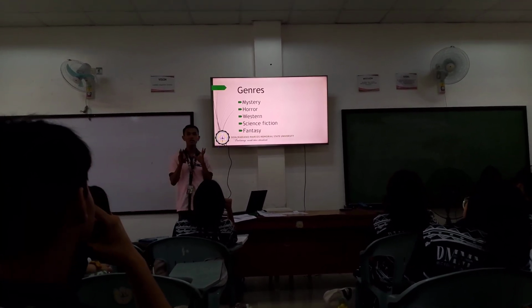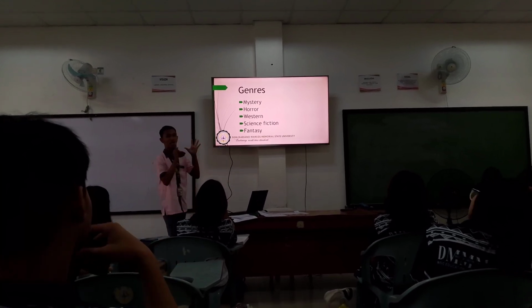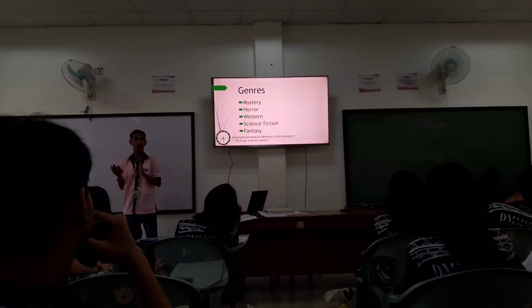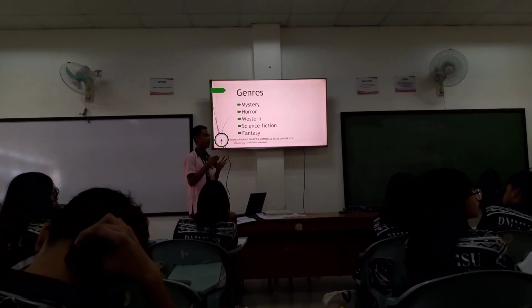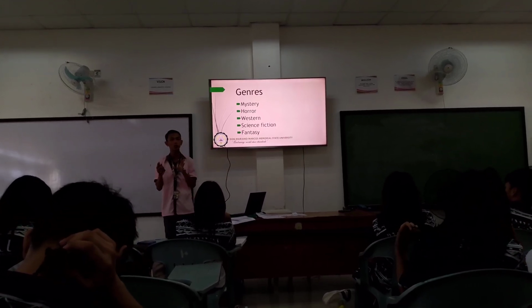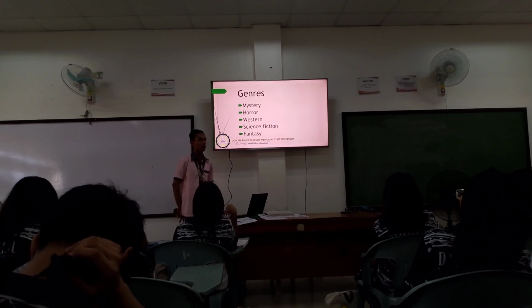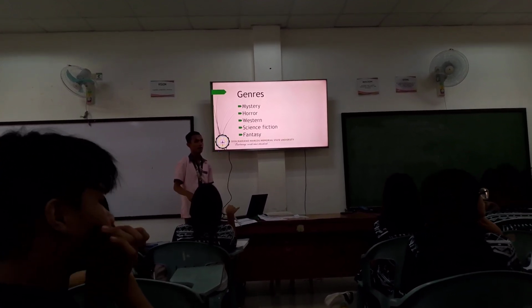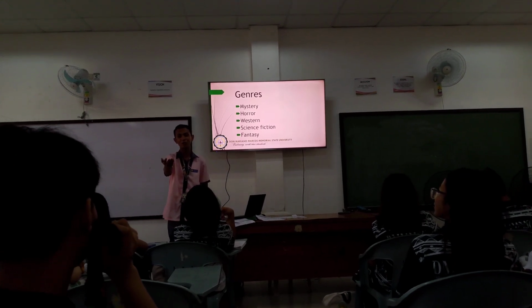Why do you think it is important for you to first know the genre of a book that you are reading? What is the importance of that? Why is it important to know the genre before you read the novel?